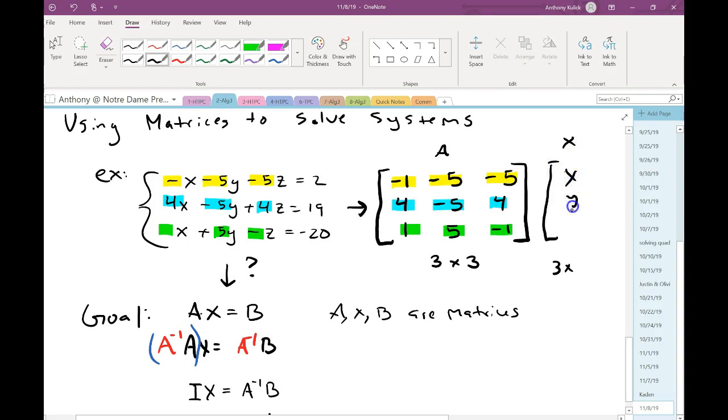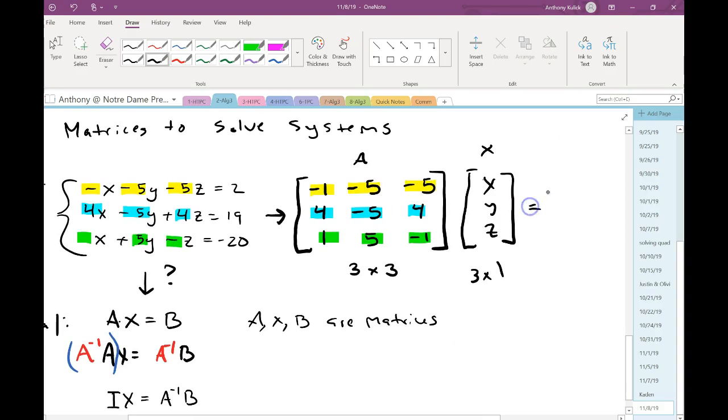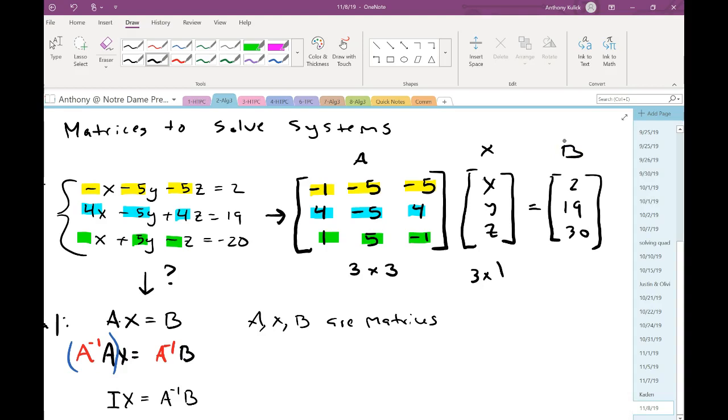So what I'm going to have is just the 3 by 1 matrix, X, Y, and Z. And I need that product to equal the solutions matrix 2, 19, 30.